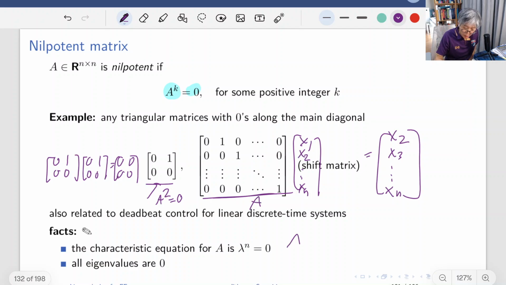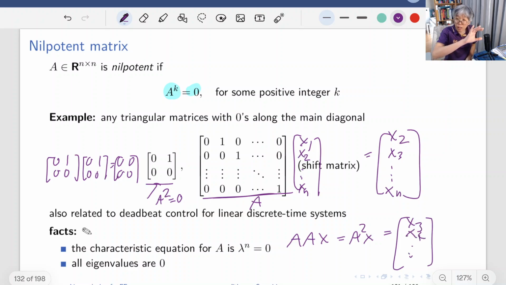And if you apply A on Ax again, that's going to be A squared x, so it's going to be x3, x4, and all the way down. So it keeps shifting, shifting, shifting.